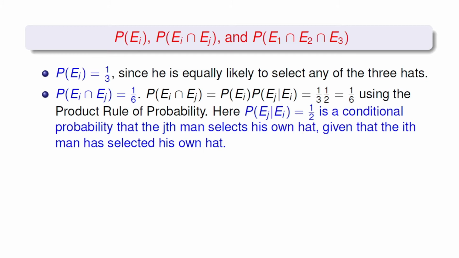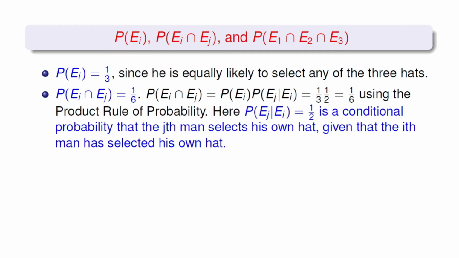Now, why is it 1/2? The reason is the conditional probability that the jth man selects his own hat, given that the ith man has selected his own hat. If one man has already selected his own hat, there are just 2 hats remaining.